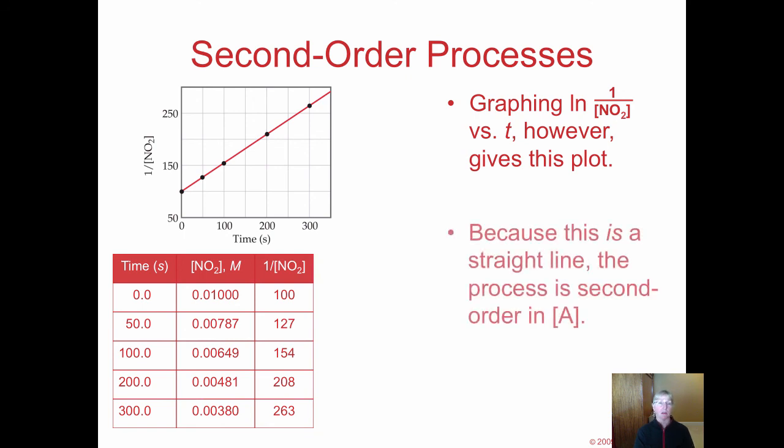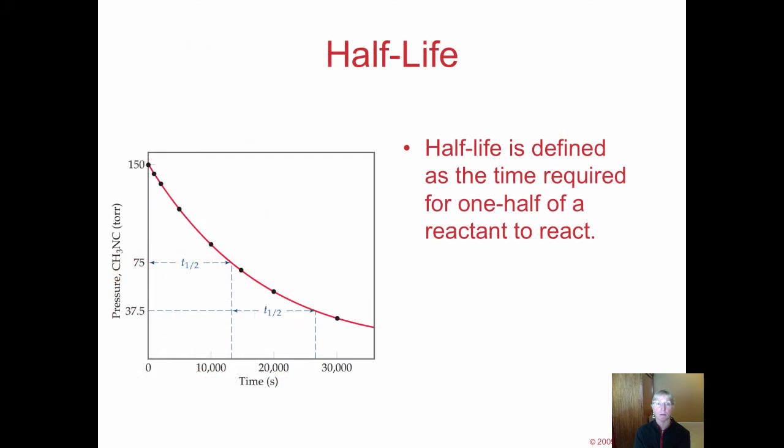And that's what second order mechanisms or reactions look like. So natural log giving you a straight line with a negative slope is first order, but 1 over the concentration of the nitrogen dioxide or reactant with a positive slope straight line, that's an indication that it's second order. So even though data might look incomplete, you can graphically determine if reactions are first or second order.